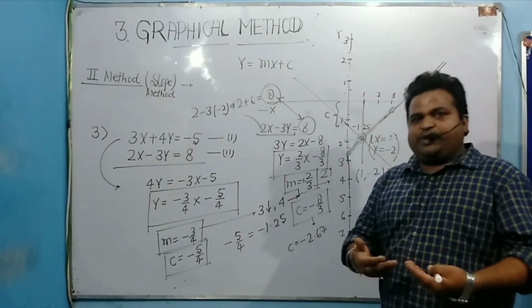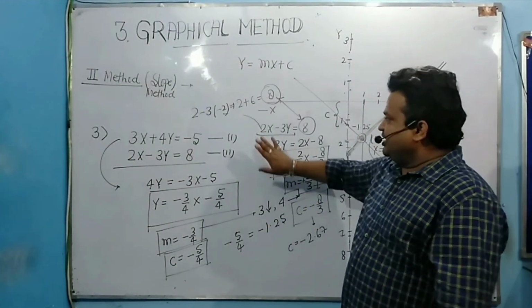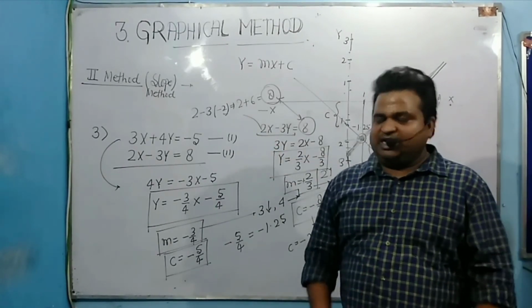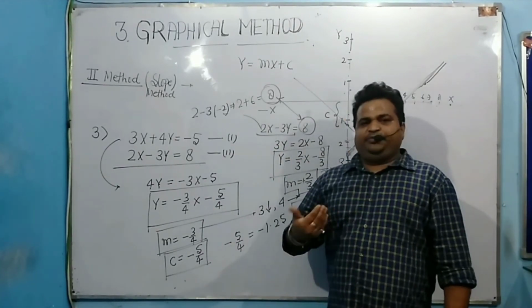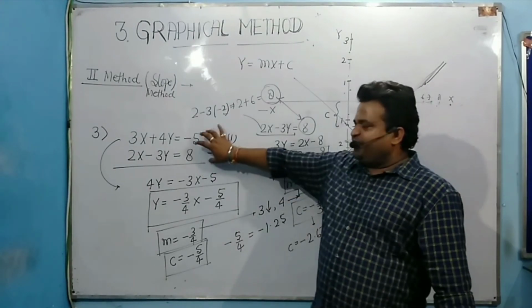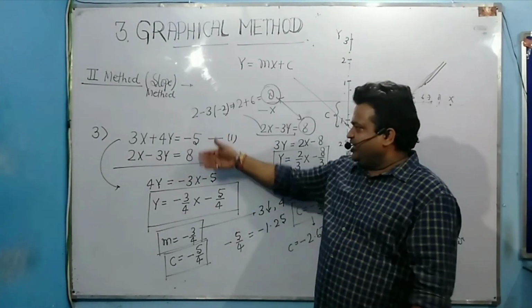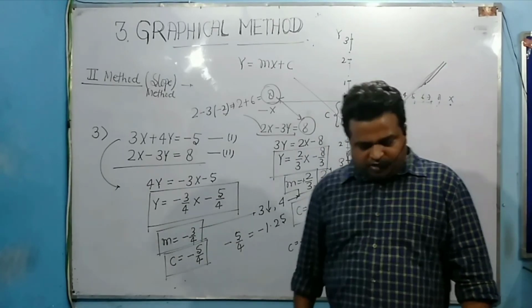So this is also an approach you can use whenever the graphical method comes and you find difficulties. Otherwise, in many universities, the question asks a different, easier equation, not a very difficult one, for the graphical method. Okay, so this is all about it.